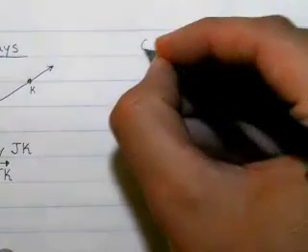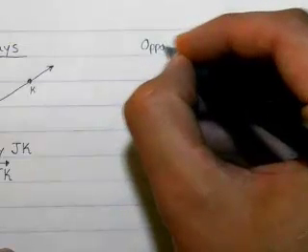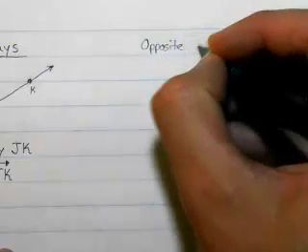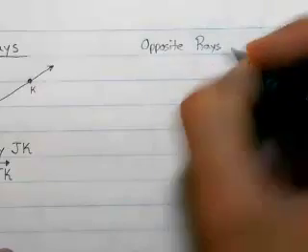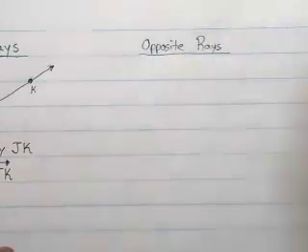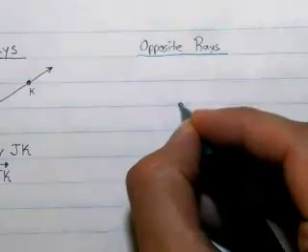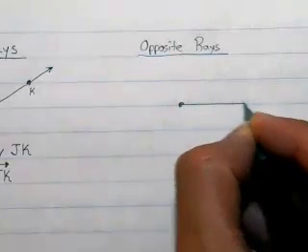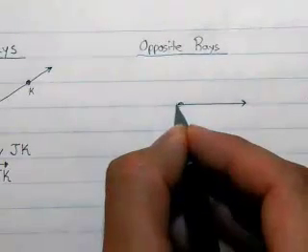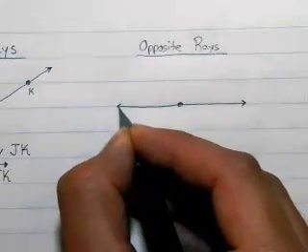Now, since we're talking about rays, we do have a phenomenon called opposite rays. So if you have 2 rays together, but they're going in exactly opposite directions.